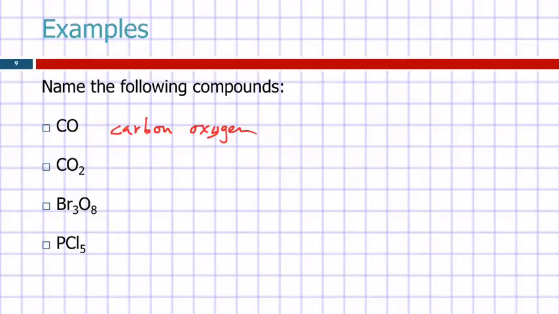Okay, so we write the name of the first element first, carbon. How many carbon atoms are there? 1. Do we put mono in front of it? No. And then we take the second element and we change the ending to "ide." So oxygen becomes oxide. How many oxygens are there in the molecule? 1.